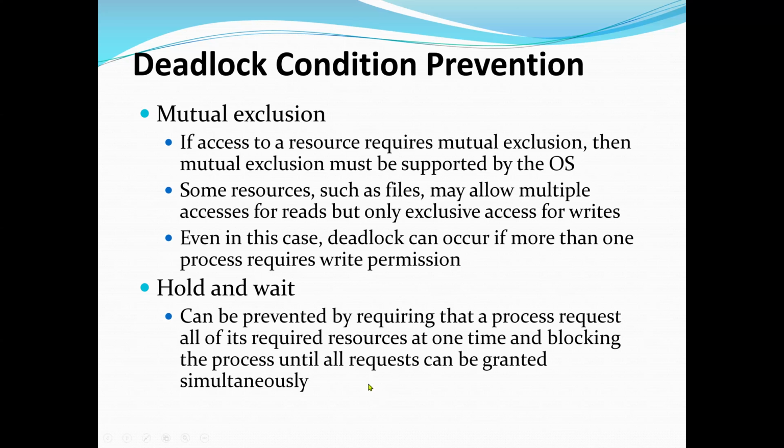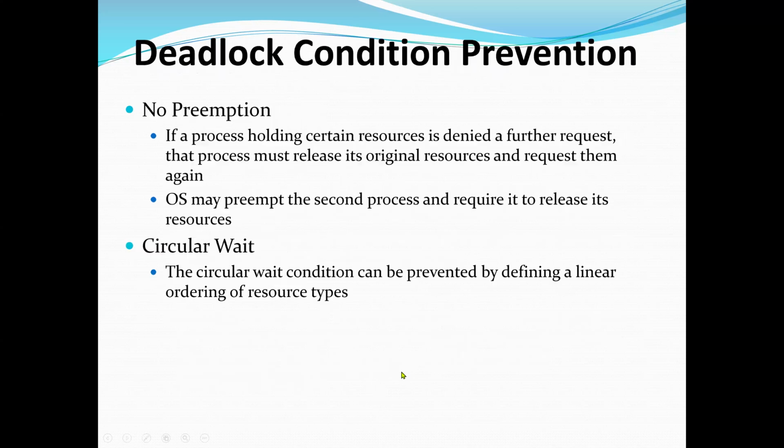So the hold and wait condition can be prevented by requiring that a process requests all of its required resources at one time, then blocking the process until all the requests can be granted simultaneously. Then we also talk about no preemption.